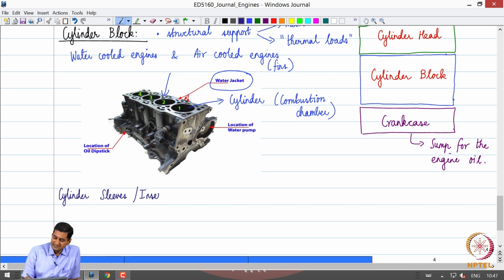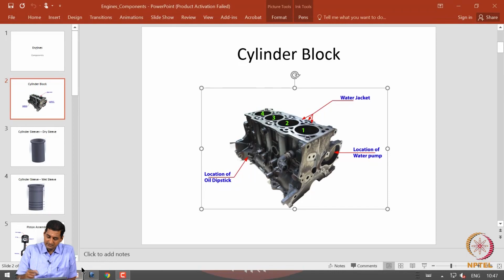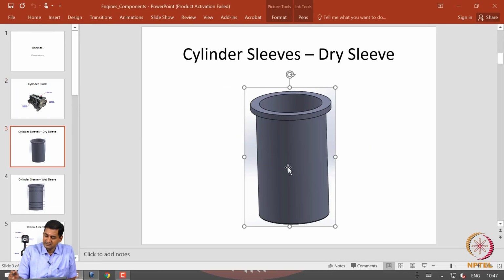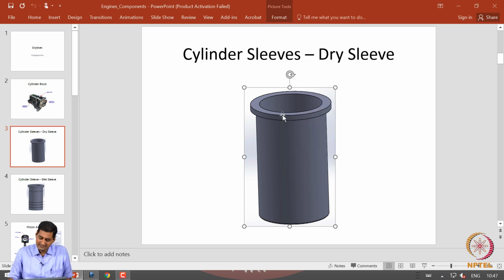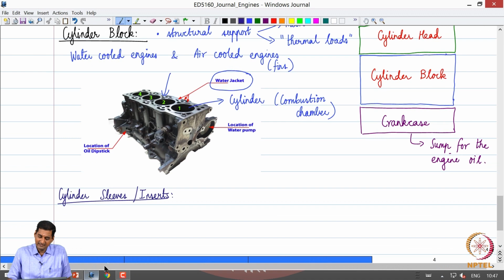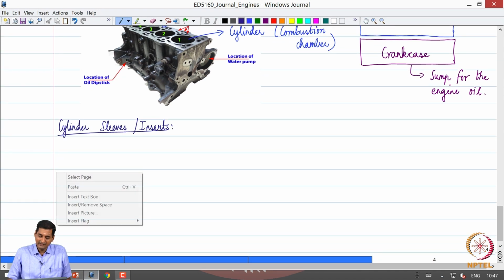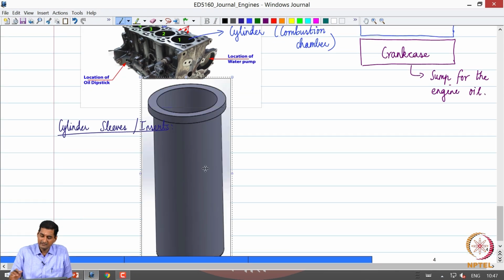So, what are these cylinder sleeves or inserts? They are just an insert which you can place in the cylindrical cavity, and then make the piston move inside it.